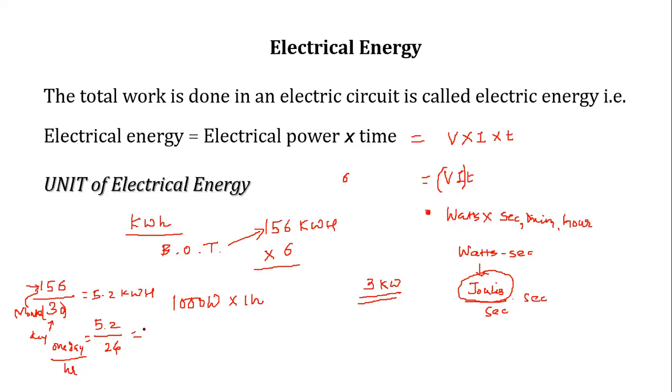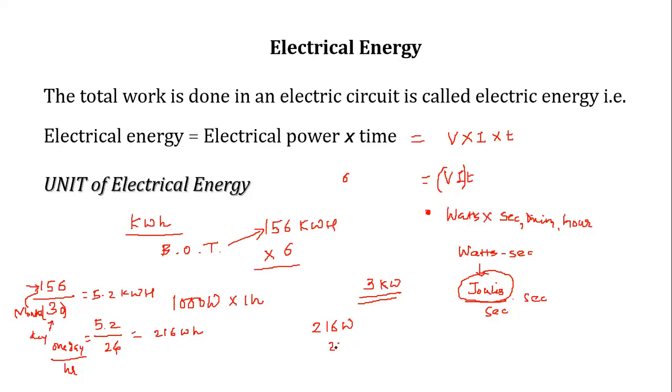That comes out to 216 Wh, right? This is the power consumed in an hour. In a given hour, he consumes 216 watt. Now, what is the supply voltage he is getting?